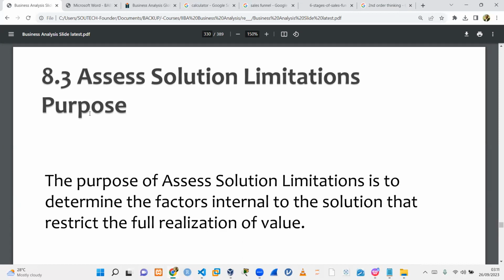Now, in this 8.3, we're going to be looking at limitations. What are the different limitations that our solutions are going to have? What are those things that are going to hinder our solutions? Take this example. You want to deliver value, let's still use marketing as an example. You have a product and you want to ship it to market and do some form of marketing.